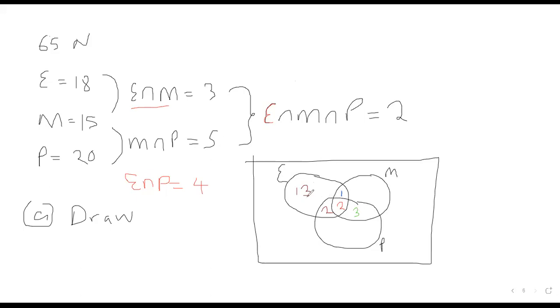We are subtracting the 5 from the 18. Here, what are we going to put? 9. Where are you getting the 9? We are subtracting the 6 from the 15.